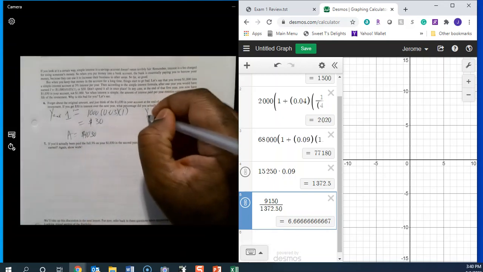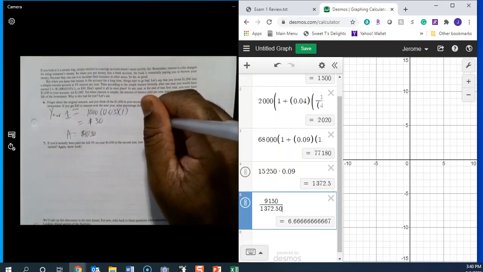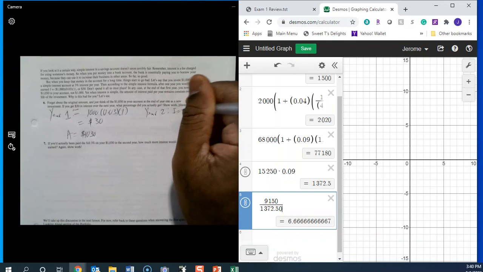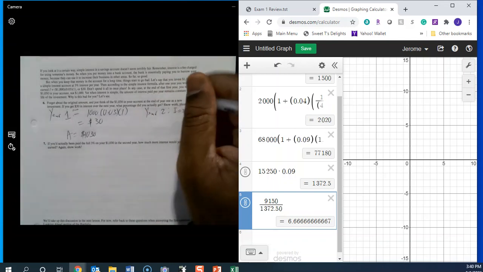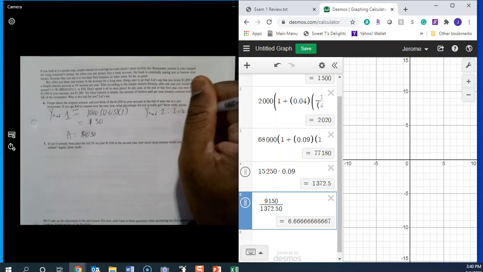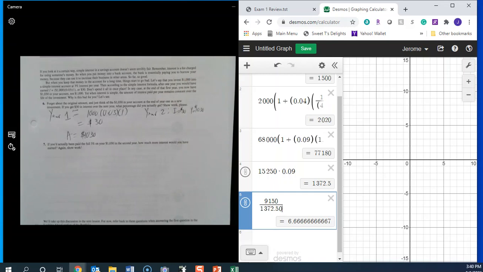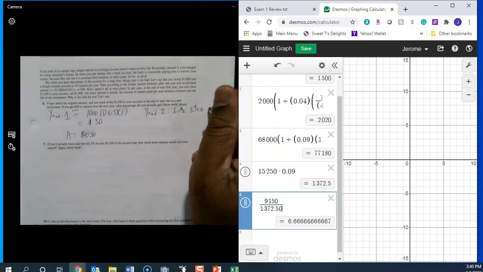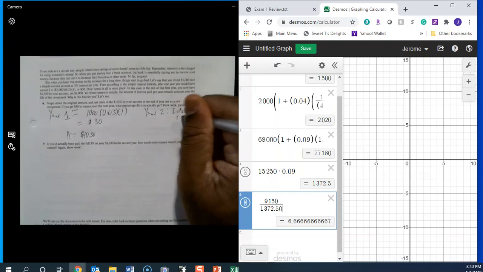Now we're going to go to year two to complete this problem. Year two. We know that the interest is going to be $30. And then the principal right now is $1,030. And then we know the time is 1 year. What we're missing here is the rate.